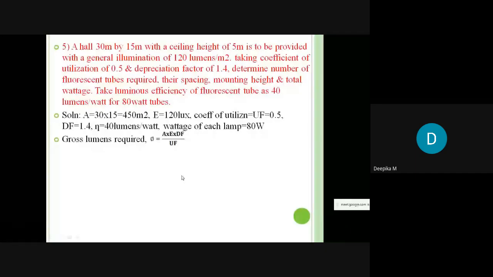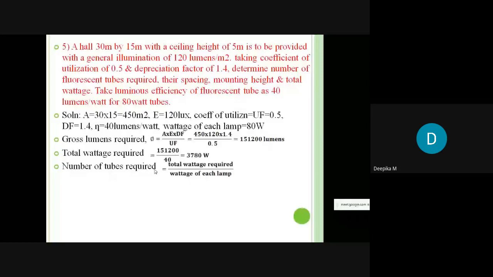So first list out the data, UF into MF into DF divided by U. You have to write in denominator, so therefore here you have to write in numerator. Total wattage required is nothing but lumens by efficiency. So the number of lamps can be calculated in this problem. It is nothing but total wattage of lamp divided by wattage of each lamp. So therefore, 3780 divided by 80, which is nothing but 47.25, which is nearly equal to 48 tubes.